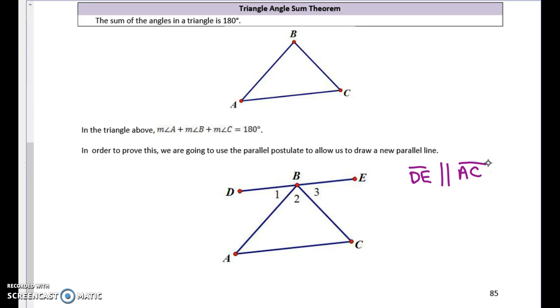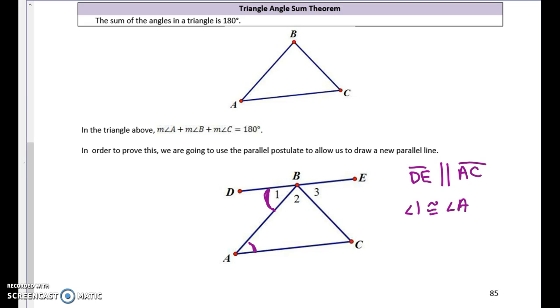What's really nice about that is I end up creating all of these alternate interior angles. If you look at this, angle A and angle 1 are alternate interior angles, which means that angle 1 must be congruent to angle A.